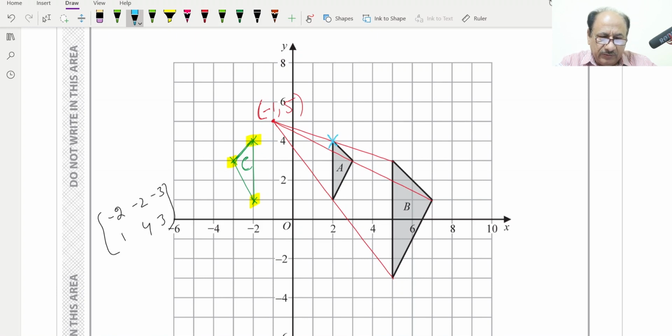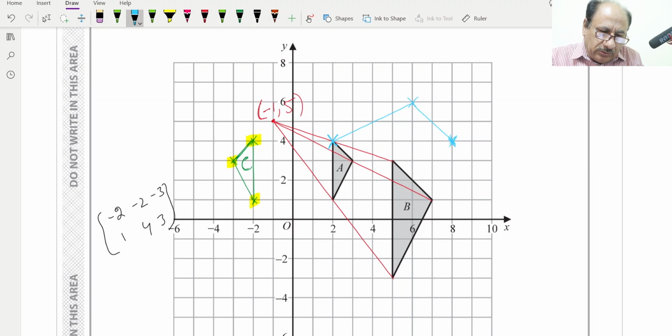Then next one is (8, 4), so (8, 4) will be this point. And third point is (6, 6), so (6, 6) will be this point, and joining these 3 points we get the triangle.